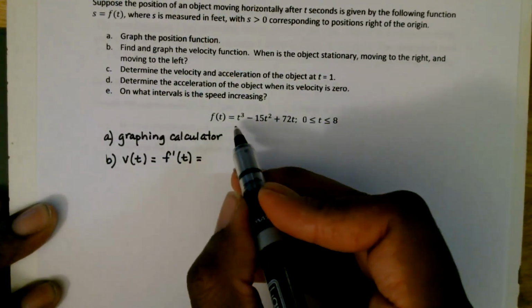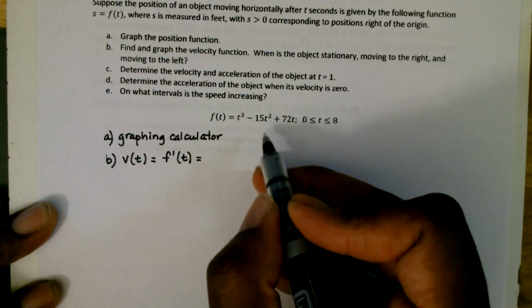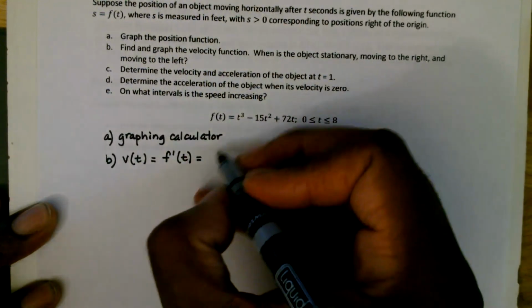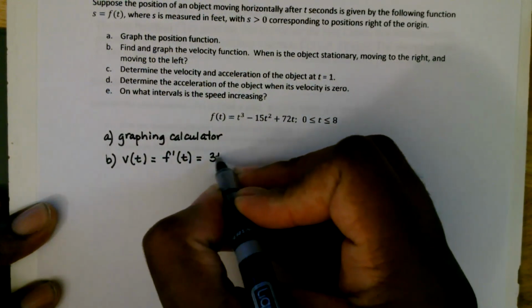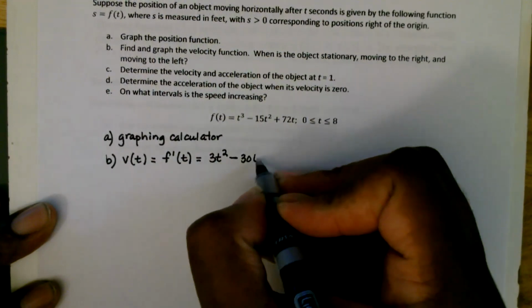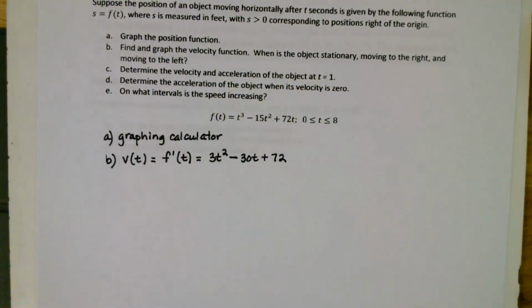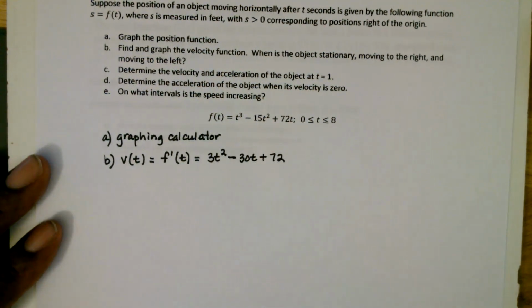So that means here, if we take the derivative of t cubed minus 15t squared plus 72t, we're going to end up with 3t squared minus 30t plus 72. That's our derivative of the position function, which is going to be our velocity function, by the way.